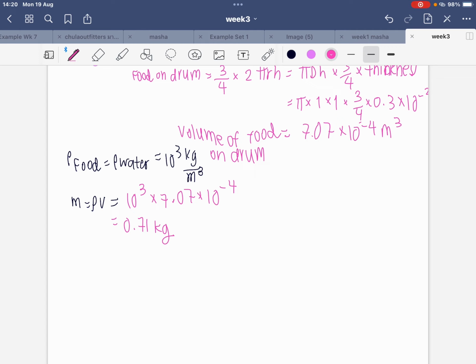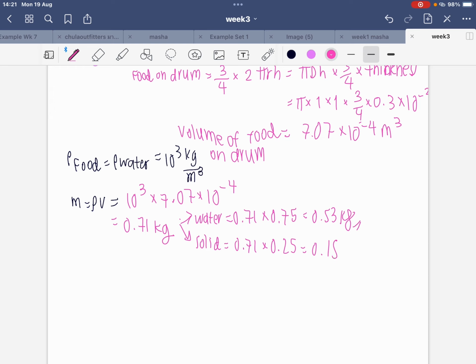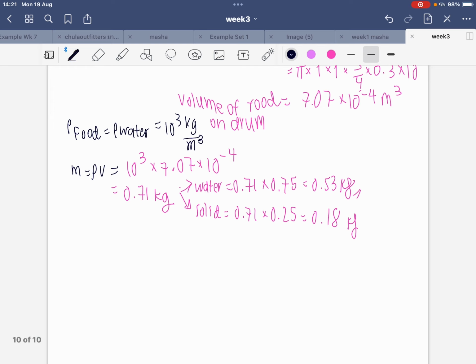And then we need to categorize that water and solid, right? Water is 0.71 times 0.75, which is 0.53 kilogram. And for solid, it's 0.71 times 0.25, equals 0.18 kilogram.